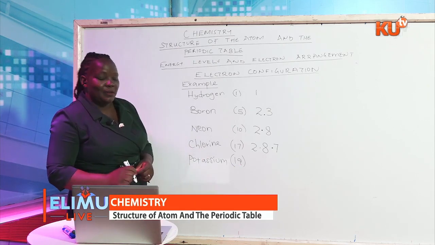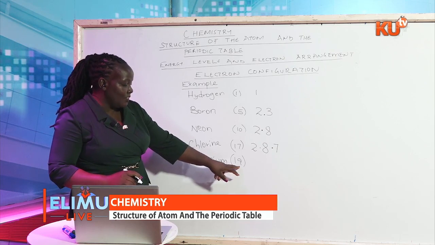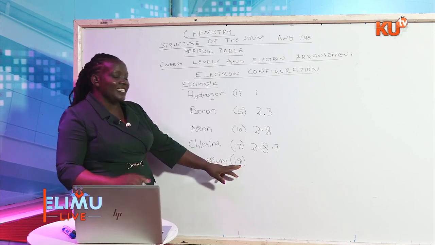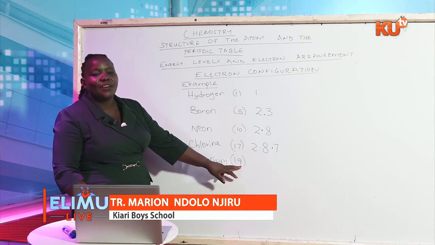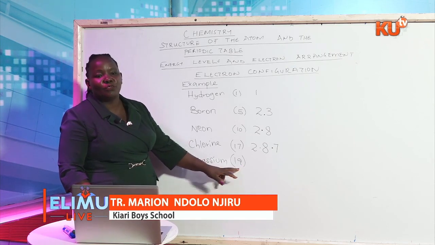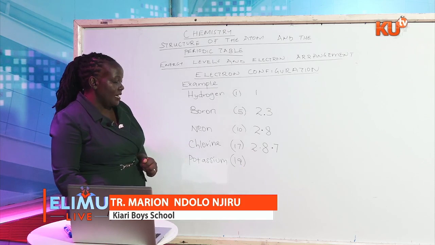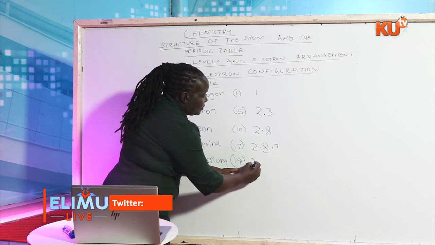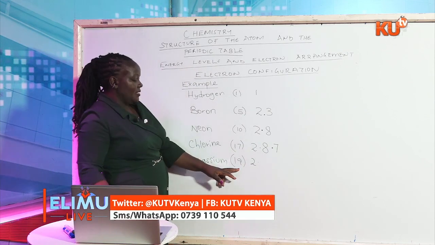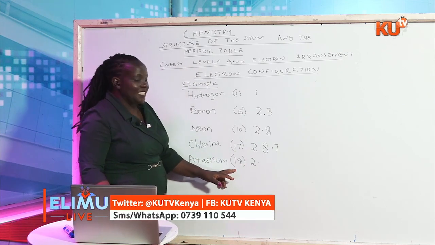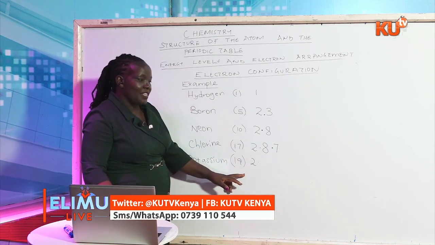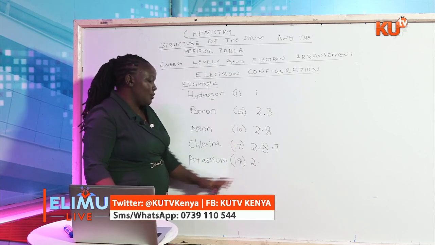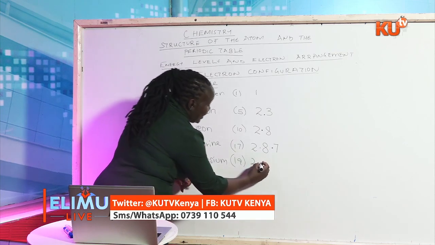Because it is in the first 20 elements, the energy level will accommodate a maximum of 8. So let us distribute these electrons. The first energy level will accommodate 2 electrons. So when you subtract 19 minus 2, what are you left with? 17, correct.